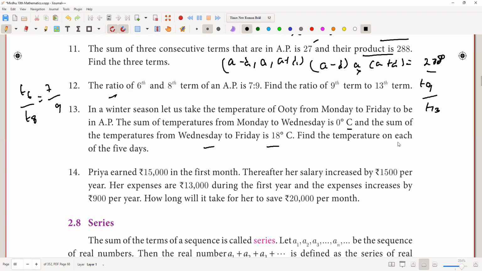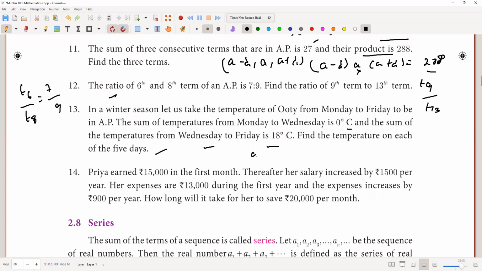Find the temperature on each of the 5 days. Monday to Wednesday, Wednesday to Friday. All right. So 5 days we are considering.